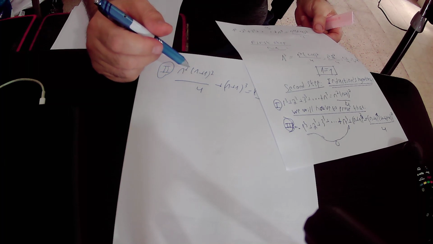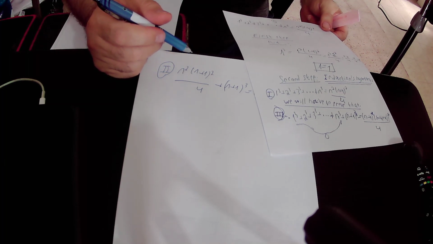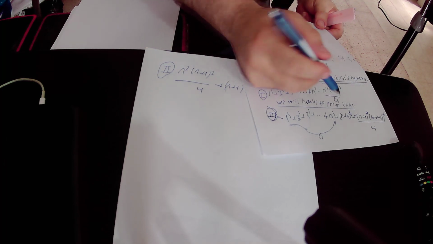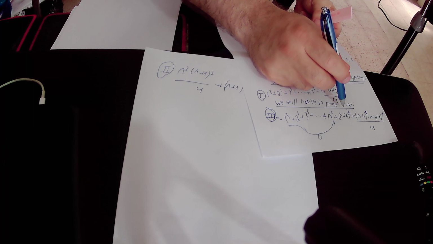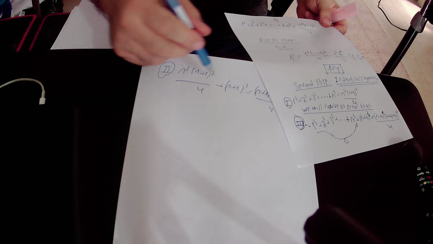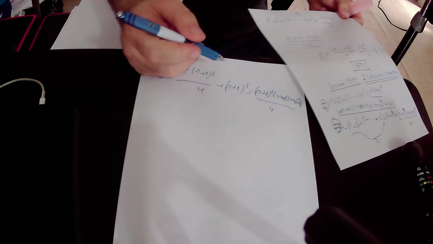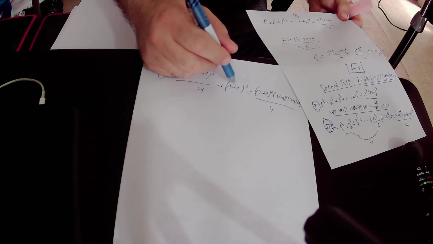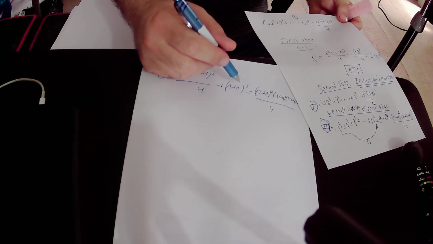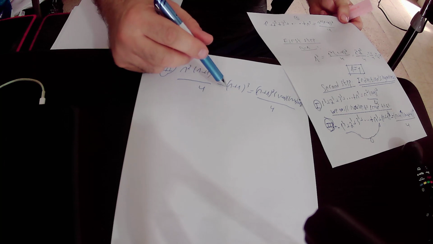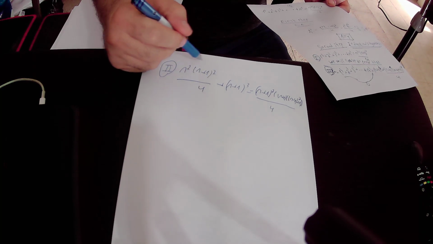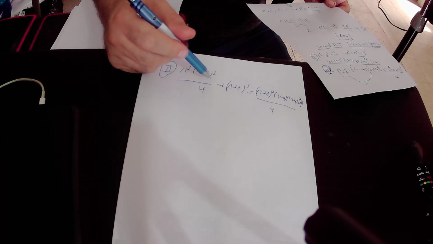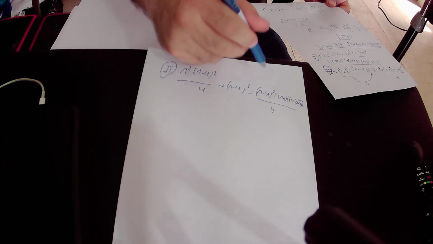And then we have in the second expression n plus 1 to the power of 3. So we will leave it as it is. Okay, and we must prove that the left side of expression 2 equals the right side.